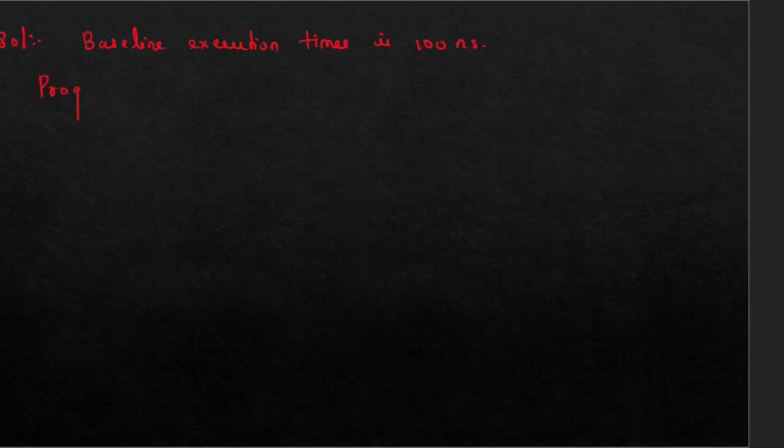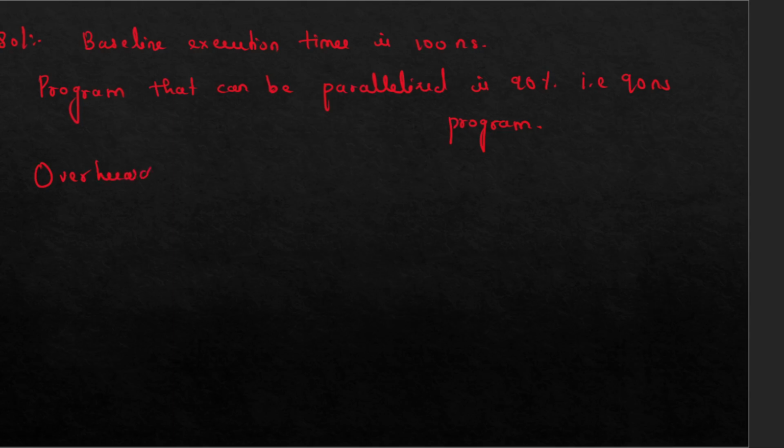The program that can be parallelized is 90%, that is a 90 nanosecond program. After that, they have also given us the overhead cost of an additional core, which is 10 nanoseconds.